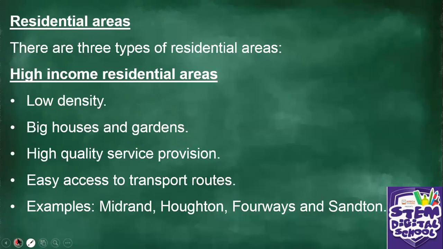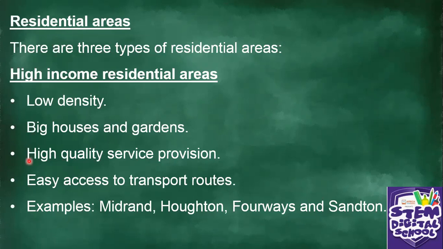And then we look at the last category of urban settlements, residential areas. There are three types of residential areas. Type number one, what we call high-income residential areas.